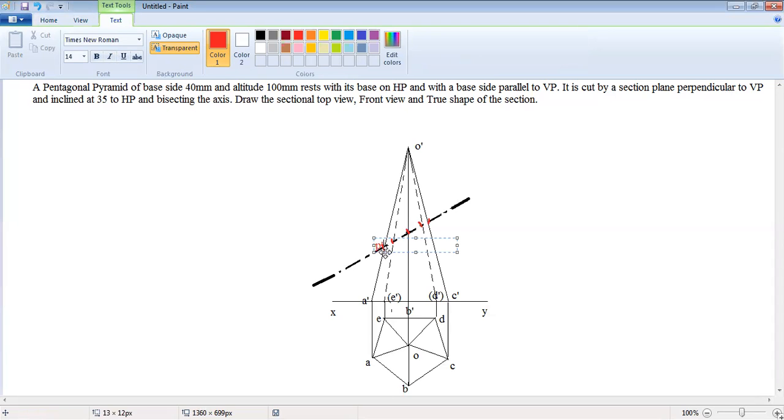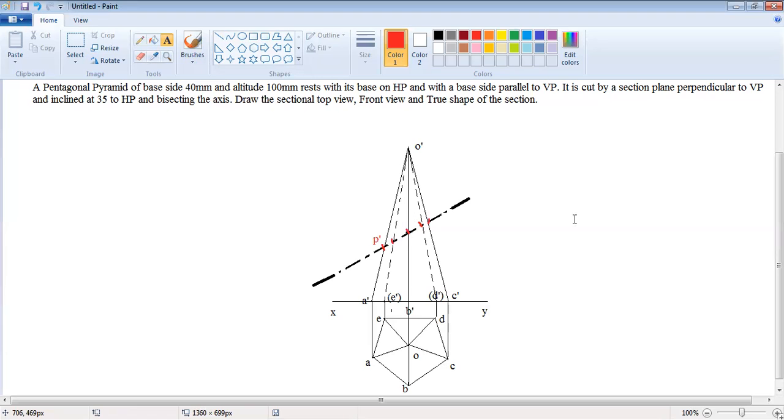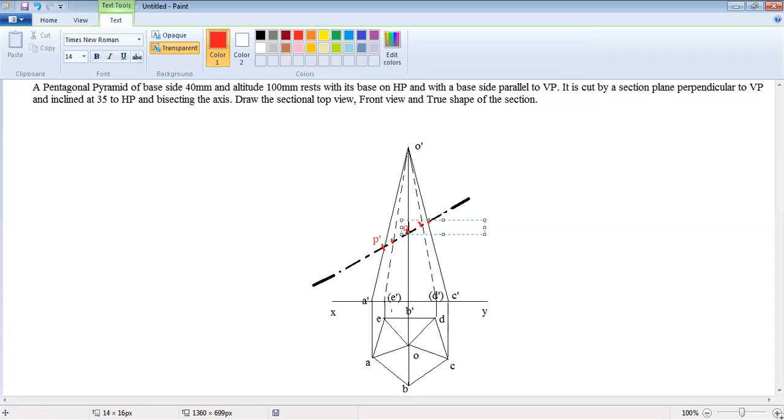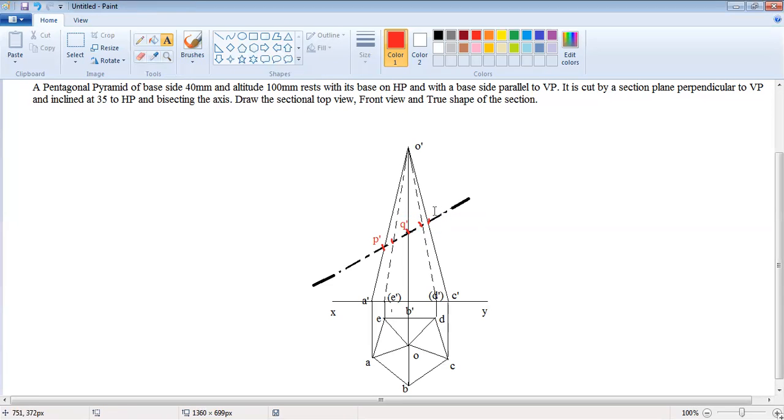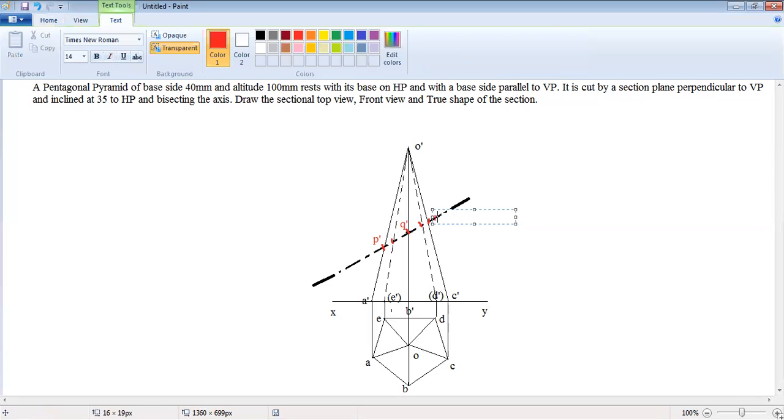P dash, Q dash, R dash. The procedure is we have to mark the visible lines first, and only then move to the invisible lines.